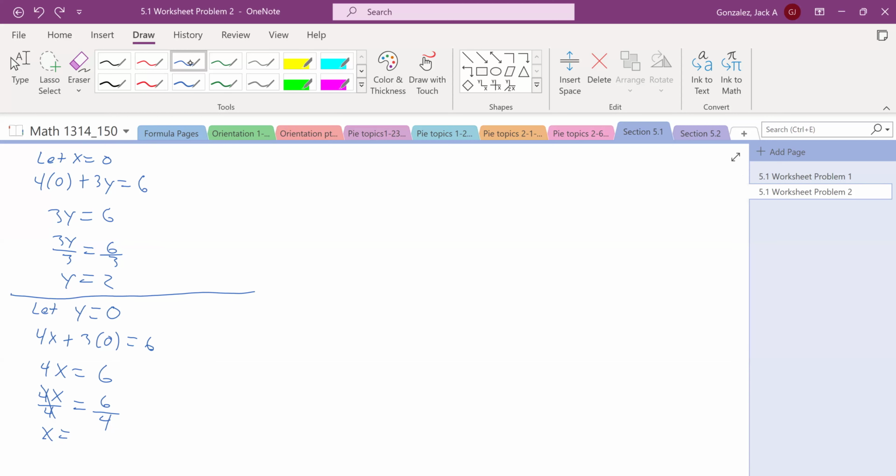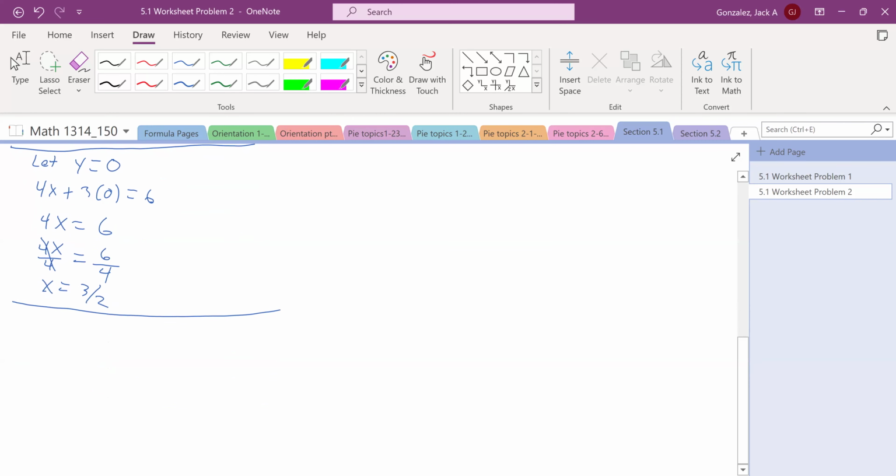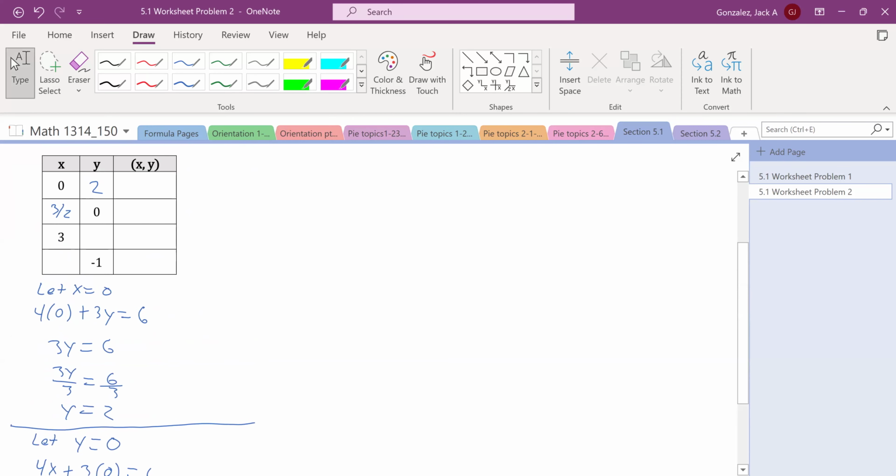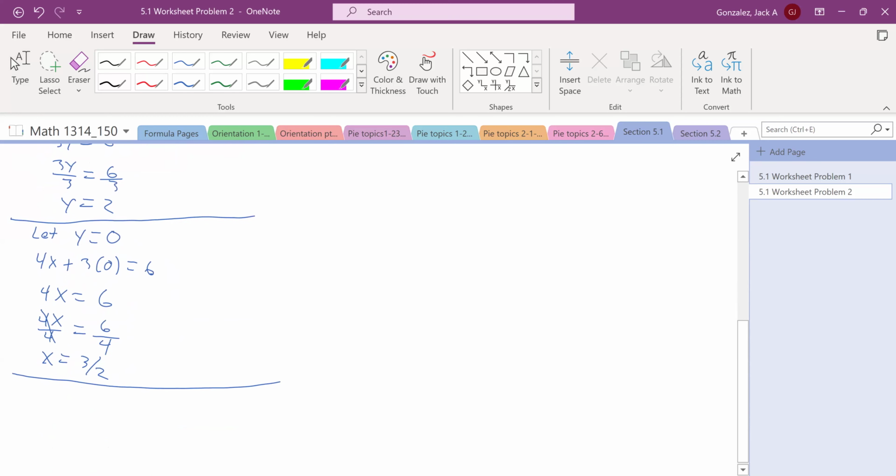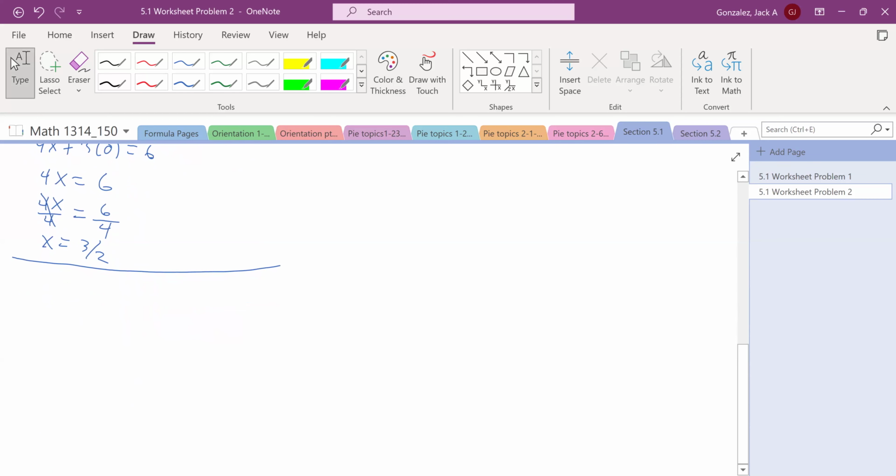This becomes 3. Now we have 4 times 3 plus 3y equal to 6. This is 12, right? Subtract 12 over.